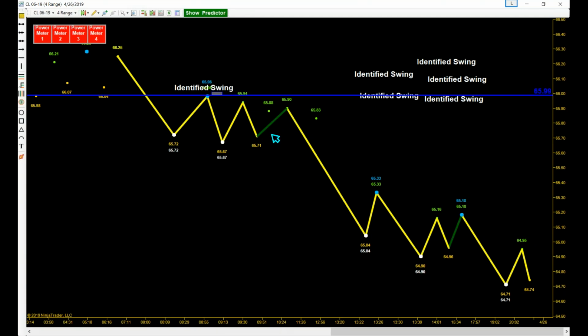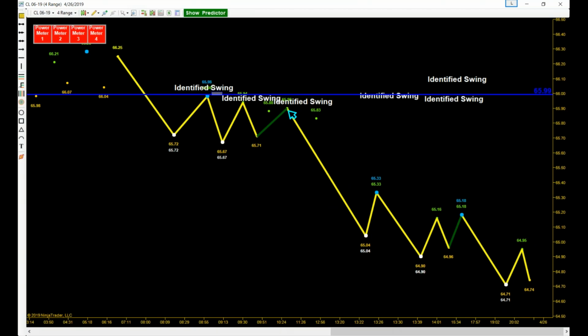So basically what happened then is this swing became your identified swing, and this one in the process also became identified because it actually broke the low. That's what you're looking at.